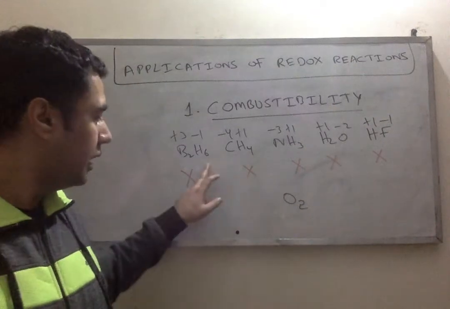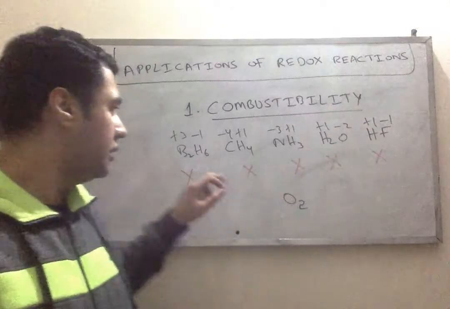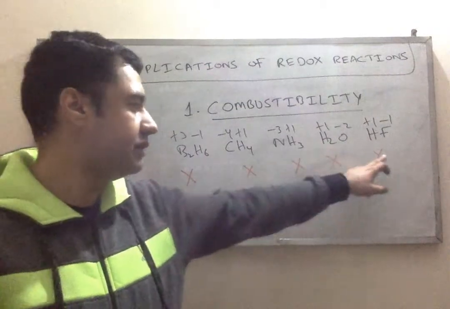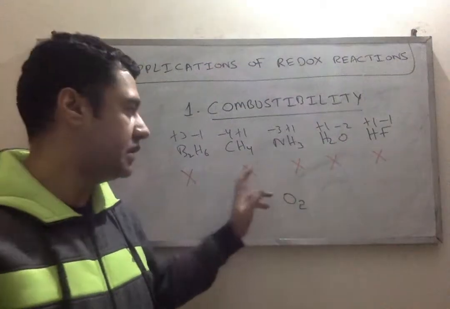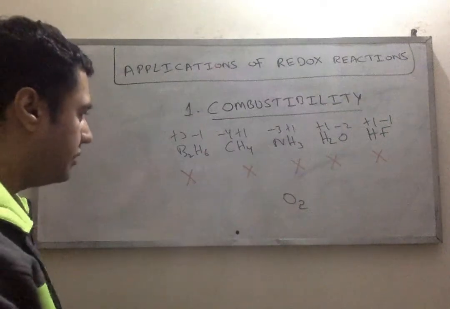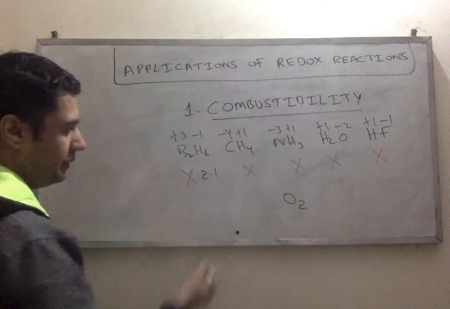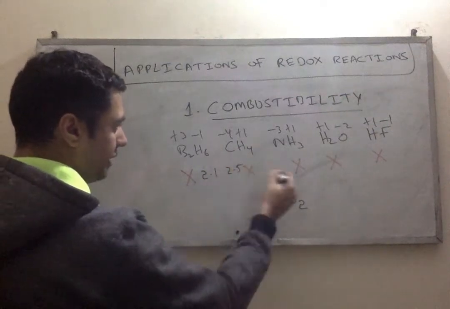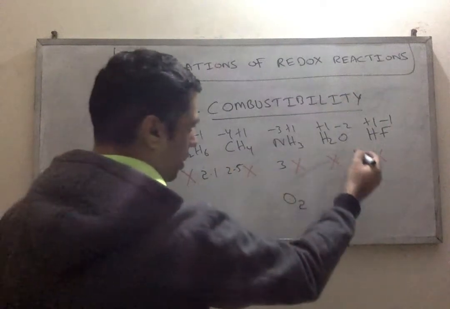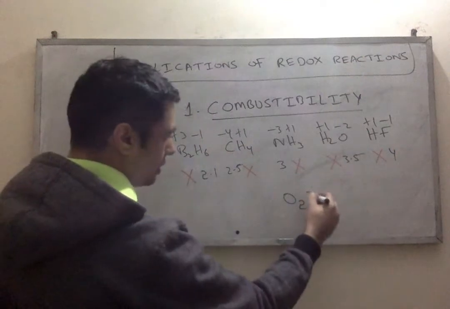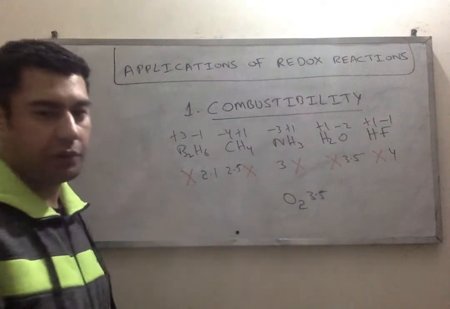Now, coming to the leftover elements, we will write their electronegativities and compare them with that of oxygen. So let's do that together. Hydrogen in the first case, we write the electronegativity 2.1, carbon 2.5, nitrogen 3, oxygen 3.5, fluorine 4, and oxygen here of course once again 3.5.